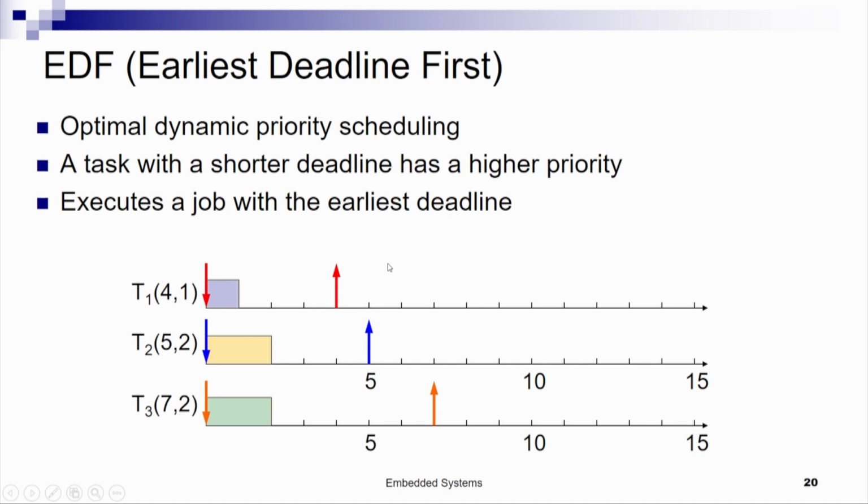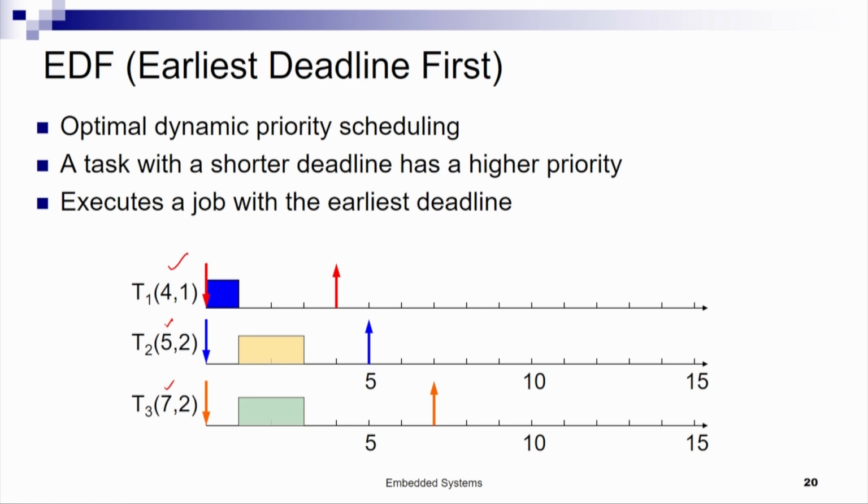So, in this task set we see that the deadline or period of the first task is 4, deadline or period of the second task is 5, deadline or period of the third task is 7. Now, let us see for the jobs how the scheduling is conducted. So, T1 first executes, being the highest priority task.